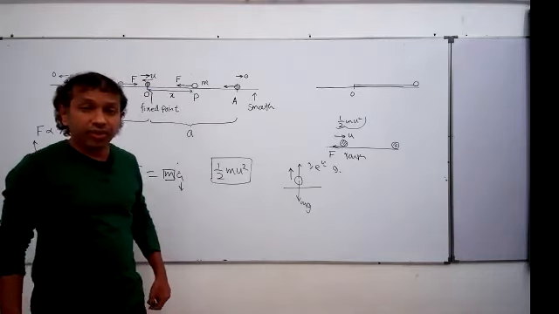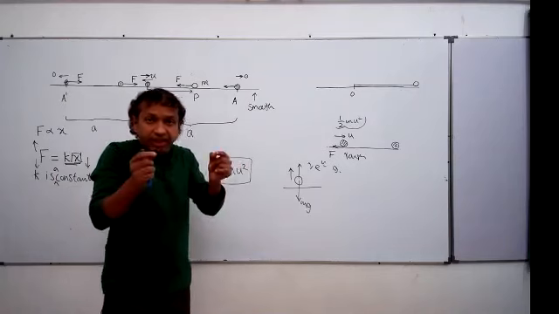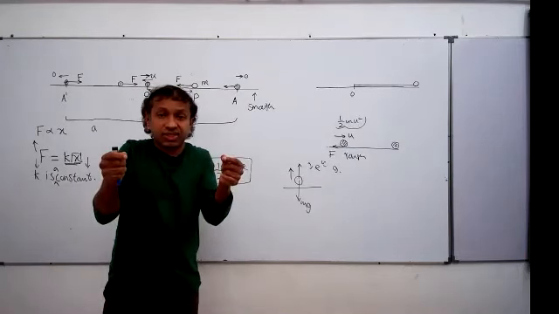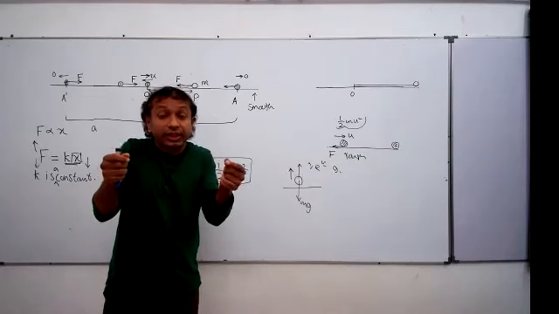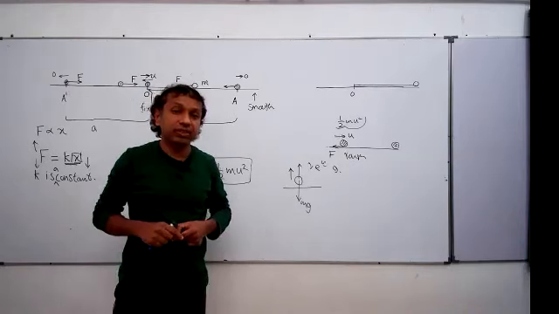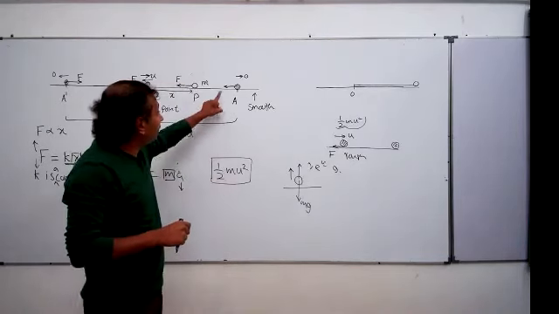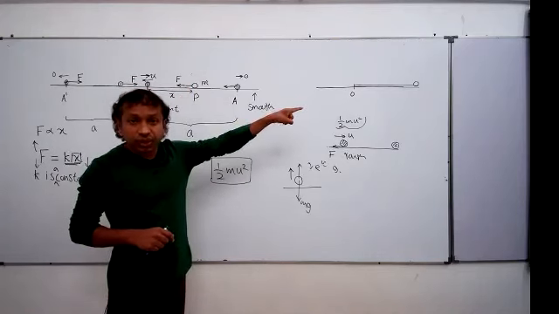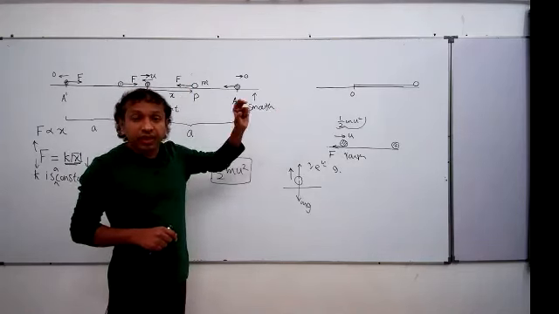Once we stretch it, once we give an extension to the elastic string, there will be a particular energy stored in it. The energy stored in that we define as what? Elastic potential energy.